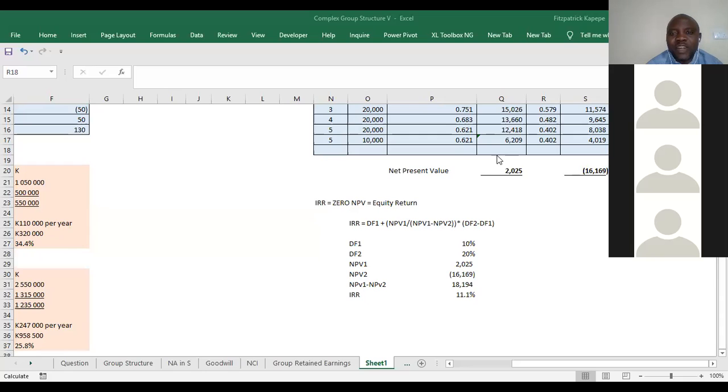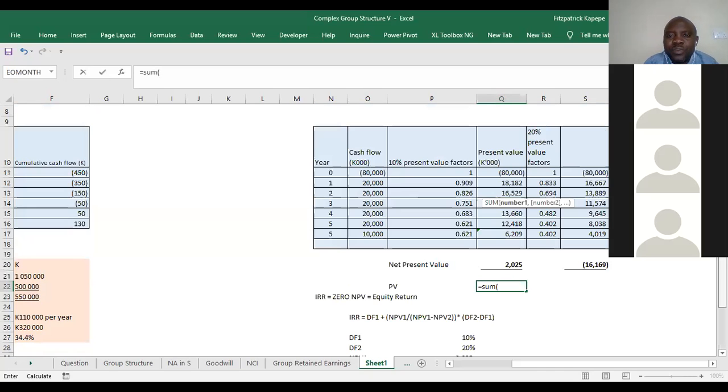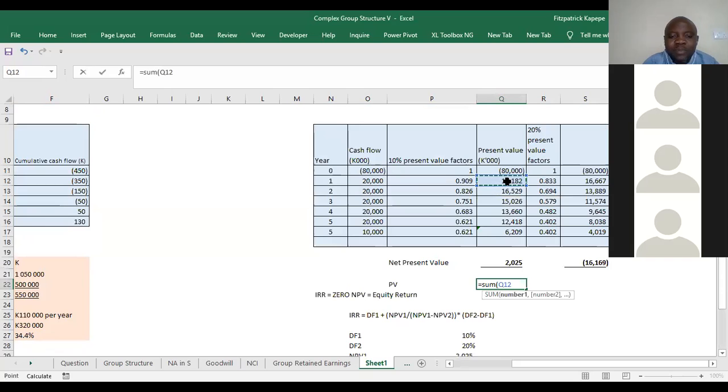You find the present value. Your present value would be this sum; you ignore the capital outlay in year 1, so you just pick those numbers. This is your present value.